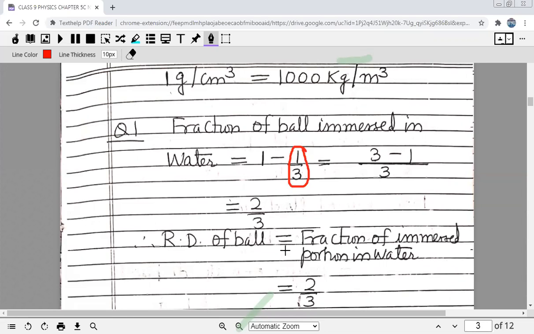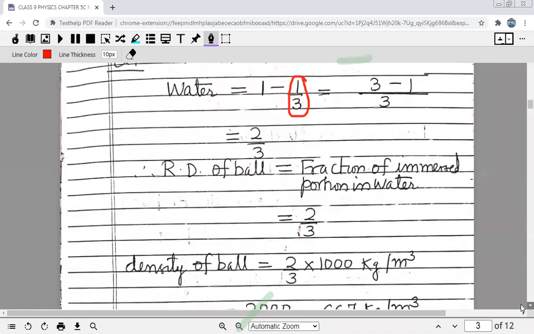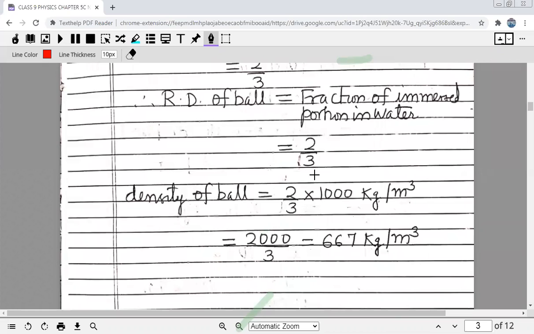So what will be the RD of the rubber ball? It will be 2/3. Just now I told you RD of the ball equals the fraction of immersed part in water. So what will be density? Density will be 2/3 gram per centimeter cube.